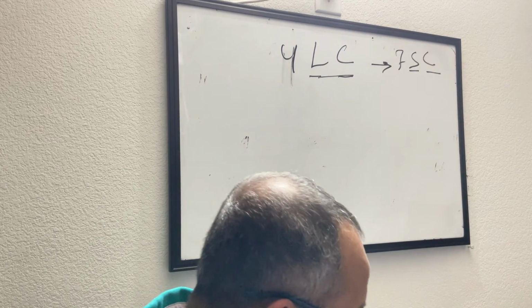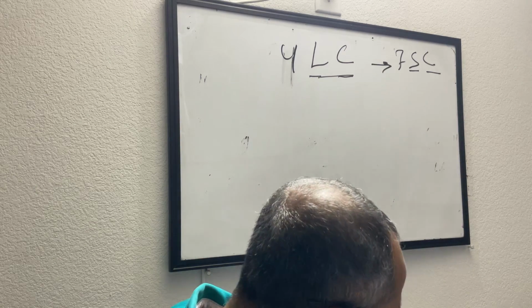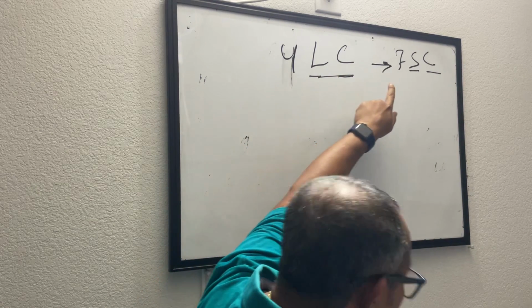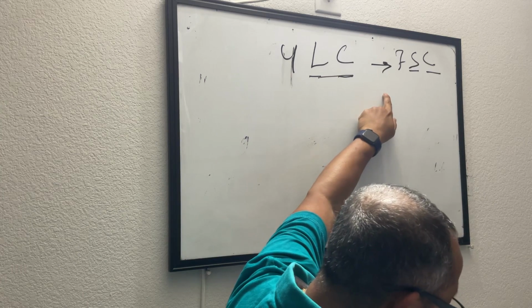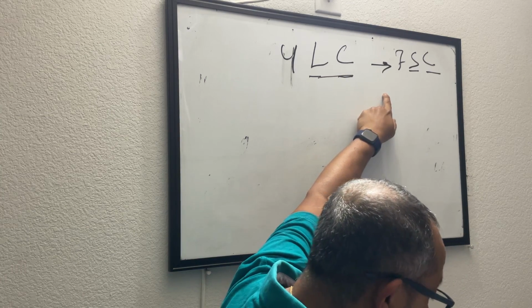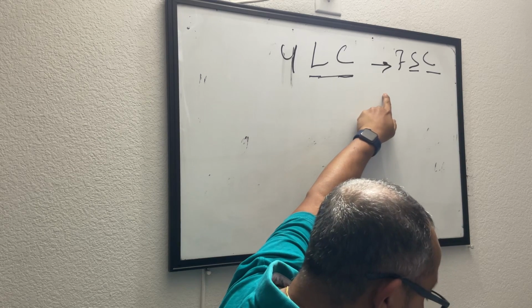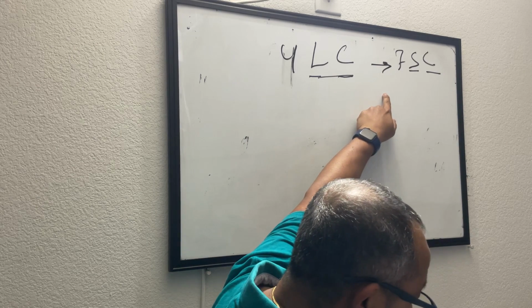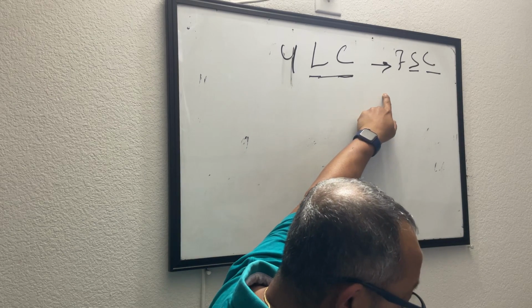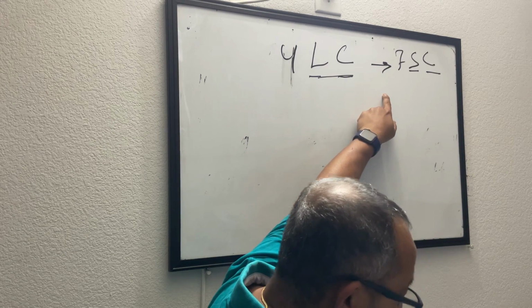A grocery store orders 4 large containers of milk for every 7 small containers of milk. Which ratio could represent the number of large containers of milk to small containers of milk in an order from the grocery store?